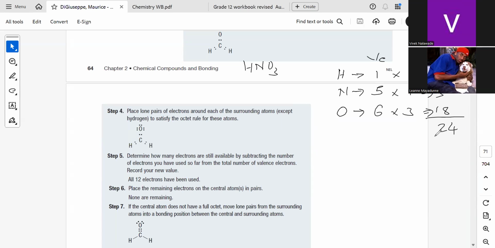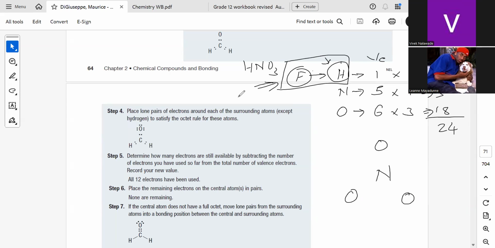Now the bonding capacity of nitrogen is the maximum, so you will surround it by oxygen. Hydrogen should be ignored. Anytime you have hydrogen or fluorine, they need to be considered last because they are monovalent.